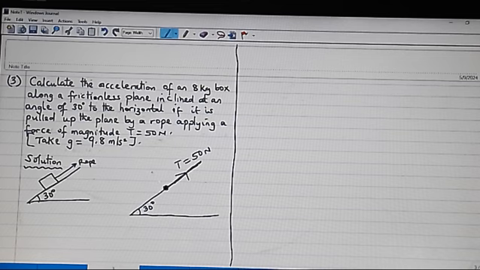Then we have the weights. First and foremost, we have the normal. This is the normal force. The weight is acting downwards.